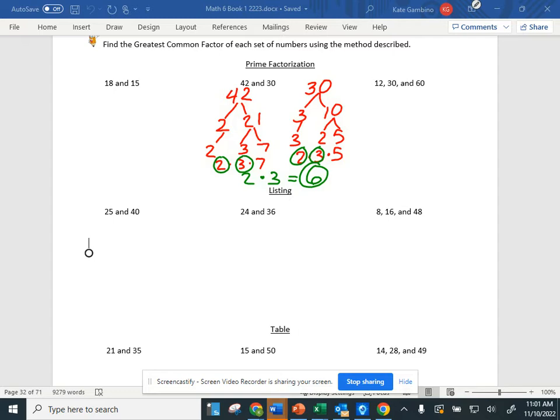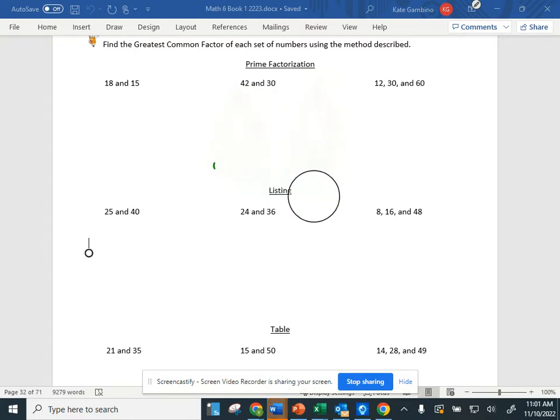All right, you start working on the 12, 30, and 60. We're going to see if we end up with the same factorization. You can write on your whiteboard what you think the greatest common factor is.